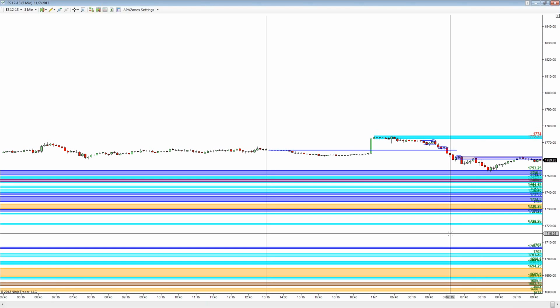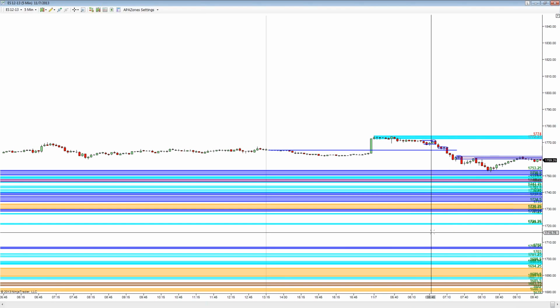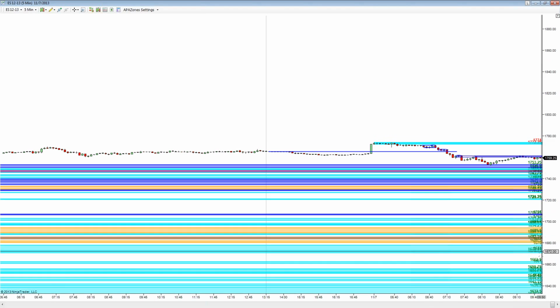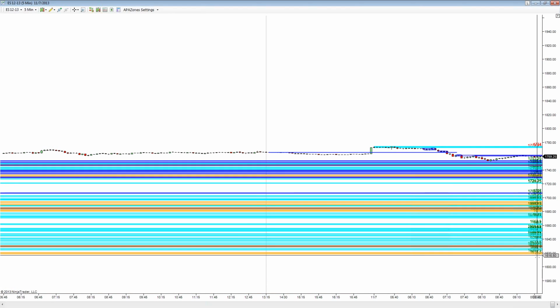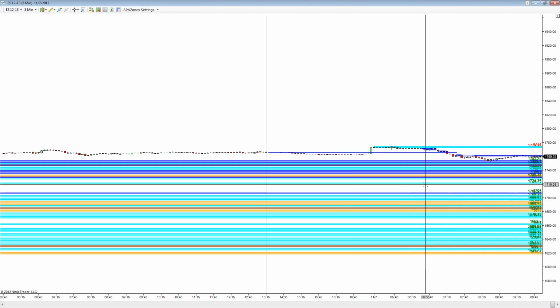So you can see a lot of zones that way, going way down to 1620, in fact. So it's a lot of price zones to get through.